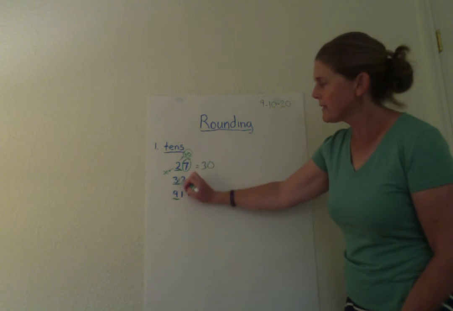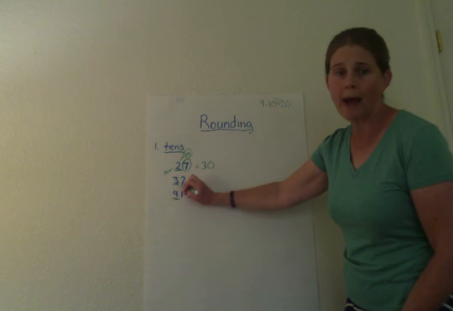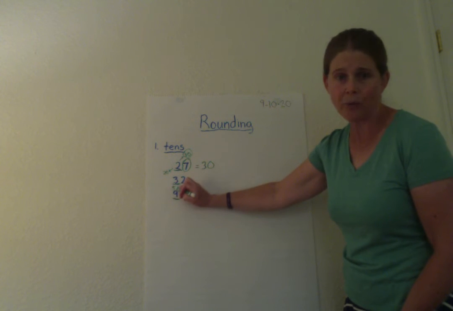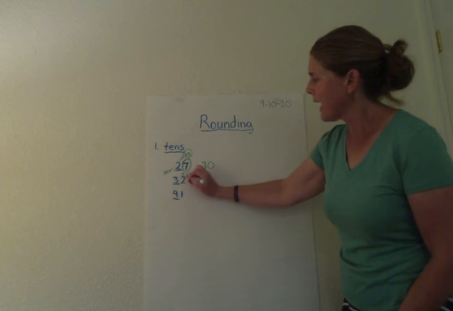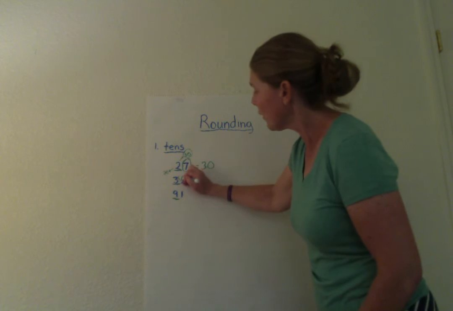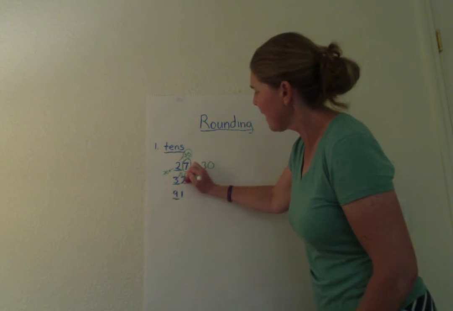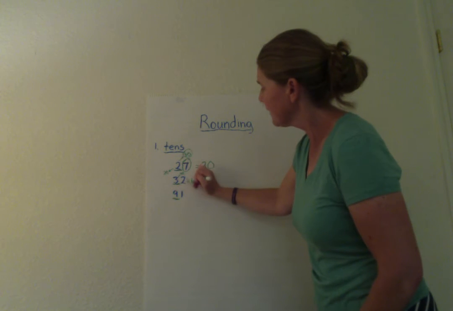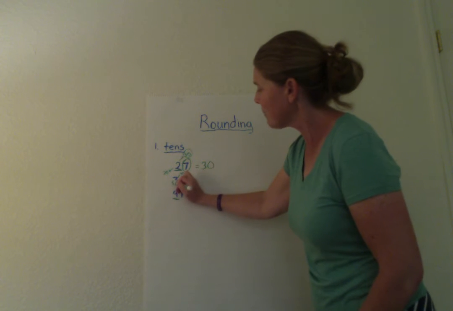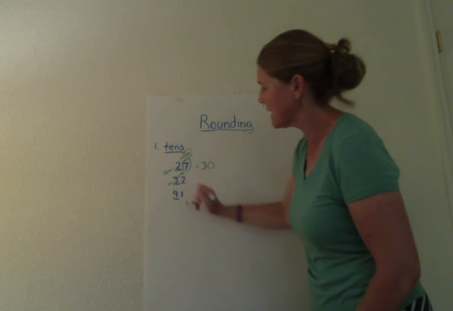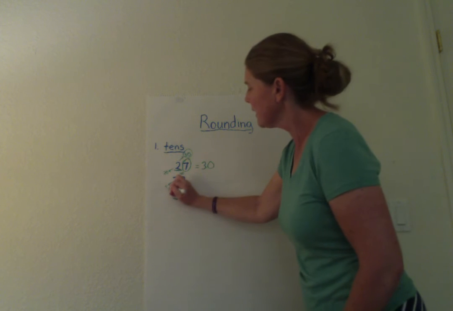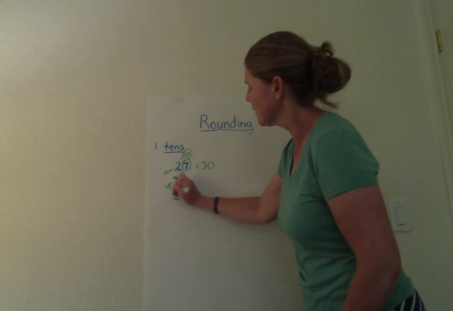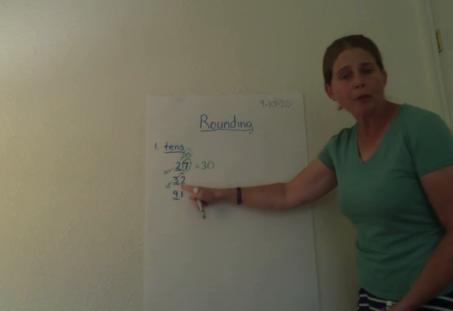I know that this is the number that's going to round up or stay down where it is. So if I round it up, that means it would make a 4 in the tens place, making the higher 40. And if I round down, that means I'm going to keep the 3 in the tens place, making it 30.